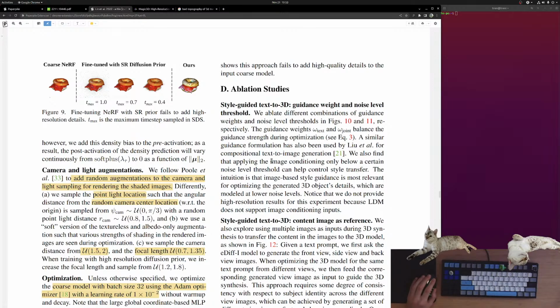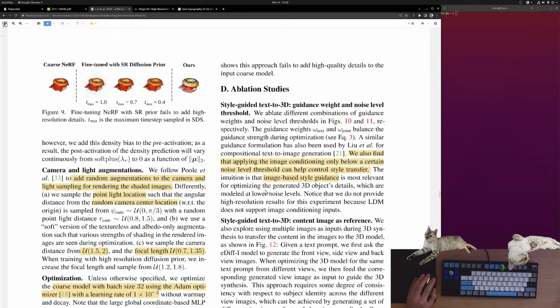We also find that applying the image conditioning only below a certain noise level threshold can help control style transfer. Yeah, this is a good point: when you're thinking about the style of an image, the style is really all about the high resolution, high frequency details.